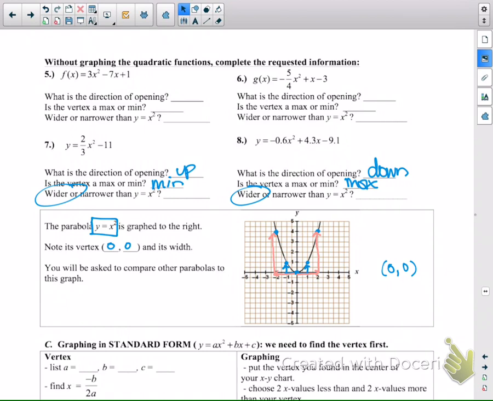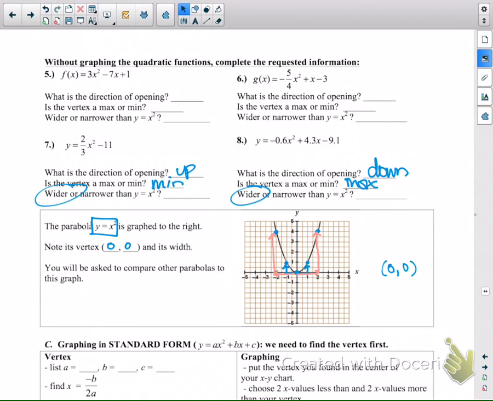So that's why it's over 1, up 1 because you're squaring the 1 to get 1. Over 2, up 4 because you're squaring the 2. You could go over 3, up 9. Over 4, up what? 16, and so on. We're going to use that pattern to graph because that's going to change based off of your a value. But I'll show you what I mean by that when we do that.